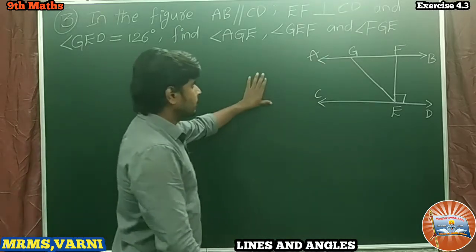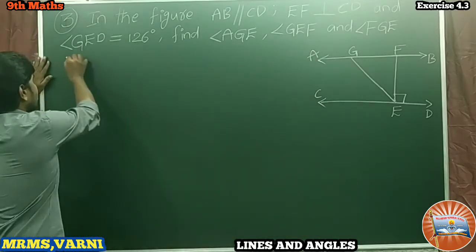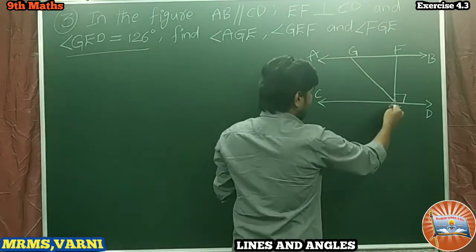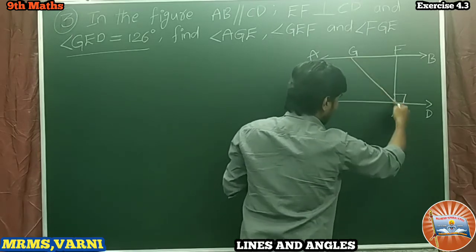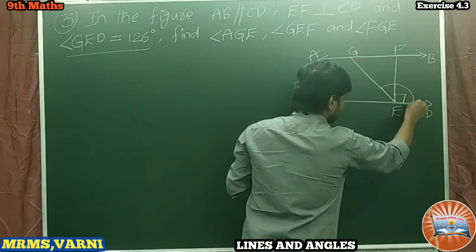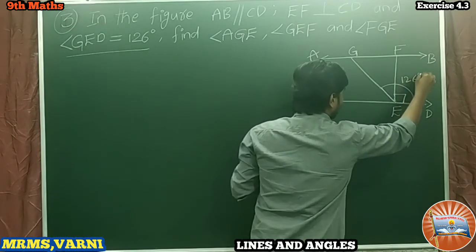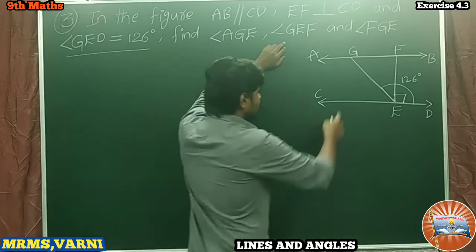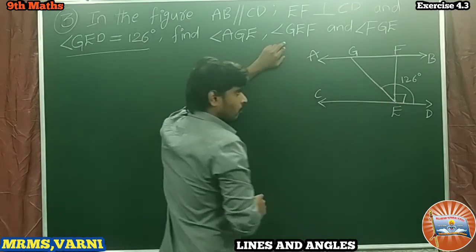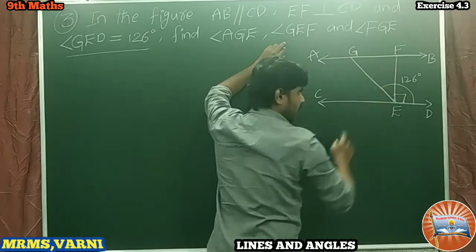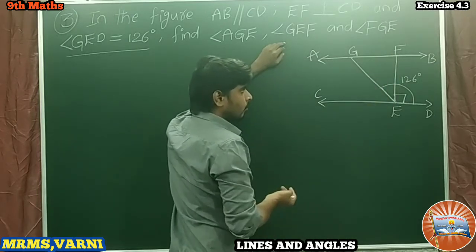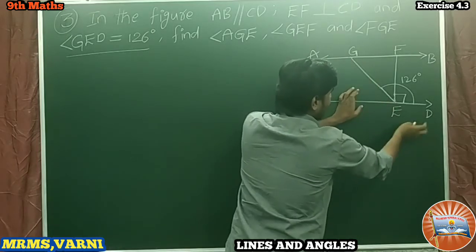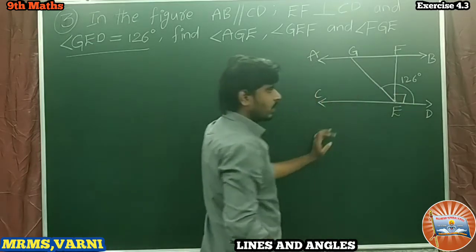Look at this picture. Given here, angle GED is 126 degrees. Suppose I want this angle GEF, what do we need to do? We have to subtract this GED minus this FED, isn't it?